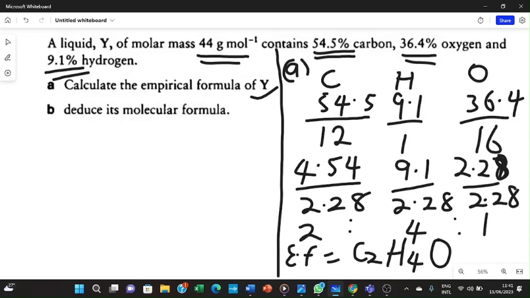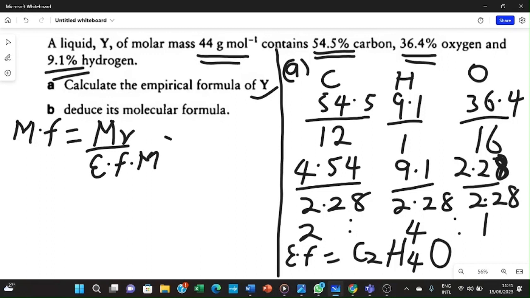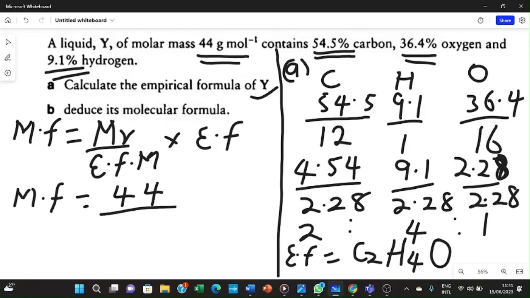We apply the formula: molecular formula is equal to molar mass over empirical formula mass, times empirical formula. We already have our molar mass, which is 44.